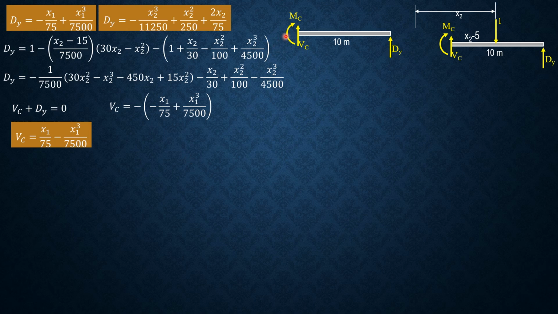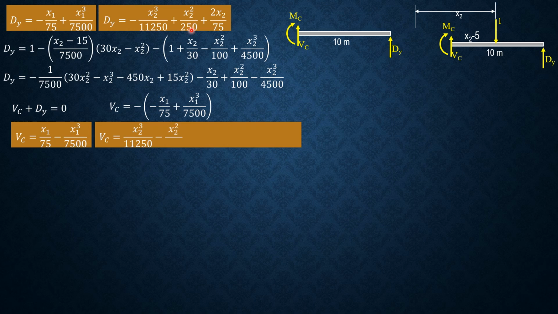Then for x2, 0 to 5, this is still the free body diagram. So V sub c is still negative dy, so we just make this negative. So V sub c is x2 cube over 11,250 minus x2 square over 250 minus 2x sub 2 over 75. This is for 0 less than or equal to x2 less than 5 meters, excluding 5 meters.